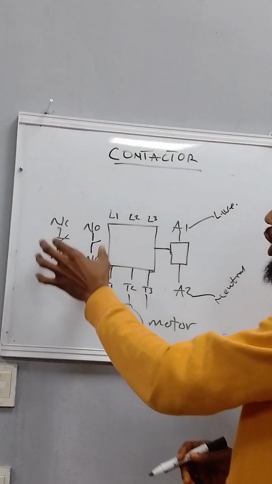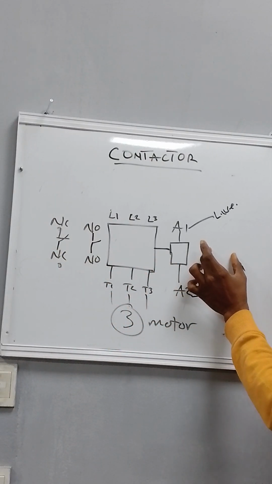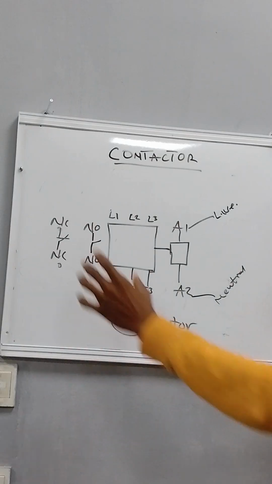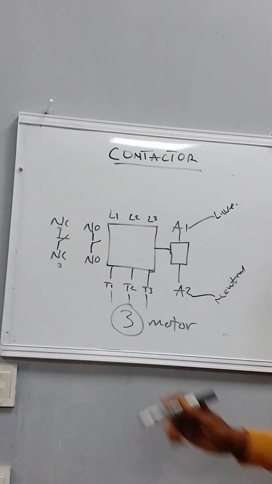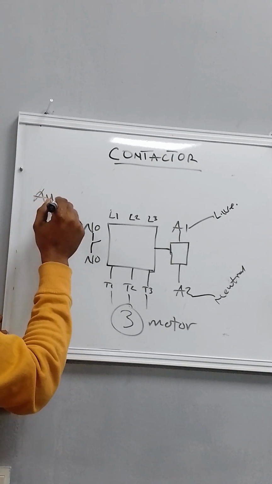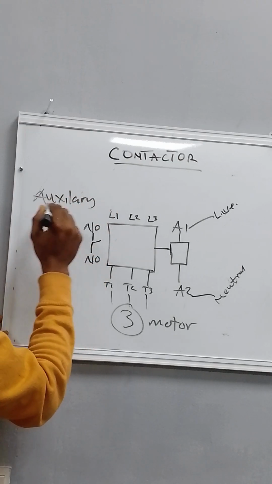We have the contact side, we have the coil side, and we have the power circuit side. This is the contact side, and this side is called the auxiliary contact.